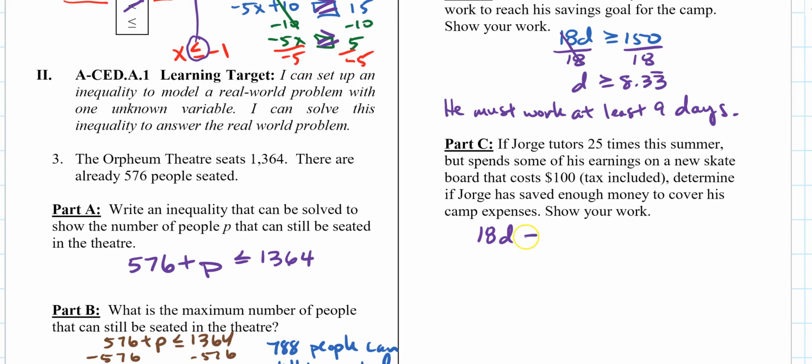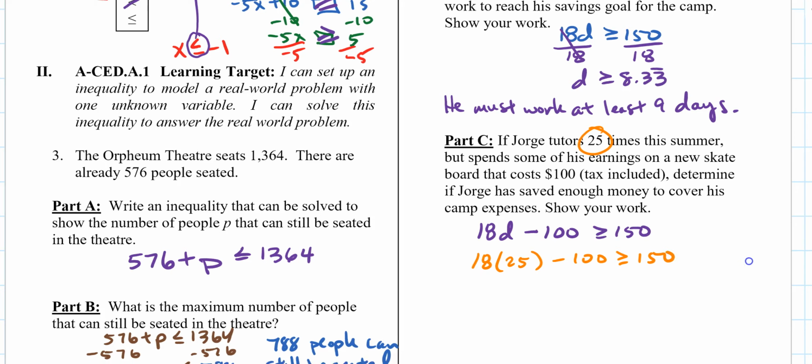But then he's going to spend $100 of that. And we want to know if that's still greater than or equal to 150. We want to know if he can still cover that cost. So if we plug in what we know, it's $18 times, how many days is he working? We're told it's 25 times, minus the $100 for the skateboard. We want to know if that's still greater than or equal to 150.